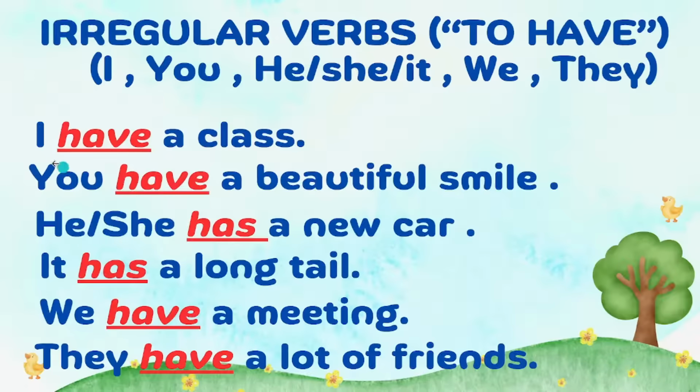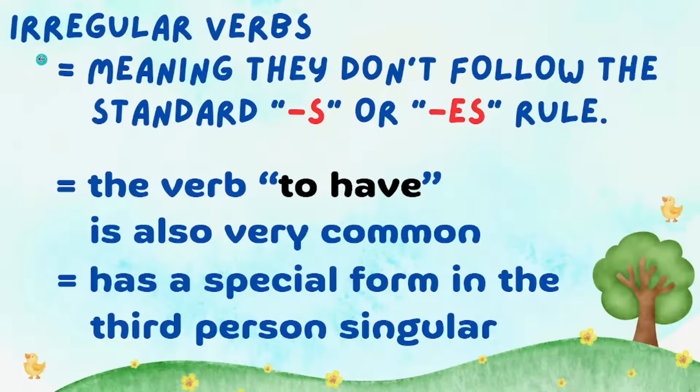Okay, so aside from the verb to be, as an irregular verb that, as I said earlier, doesn't follow the standard S or ES rule, we also have the verb to have.